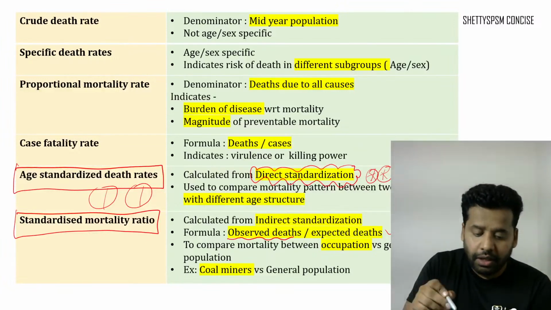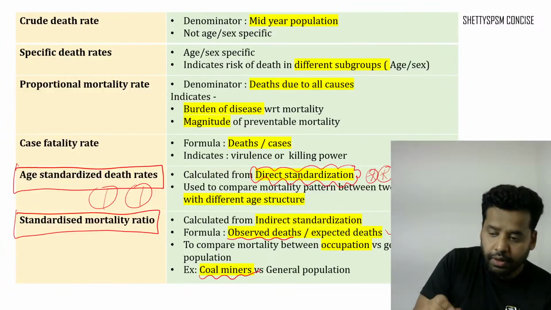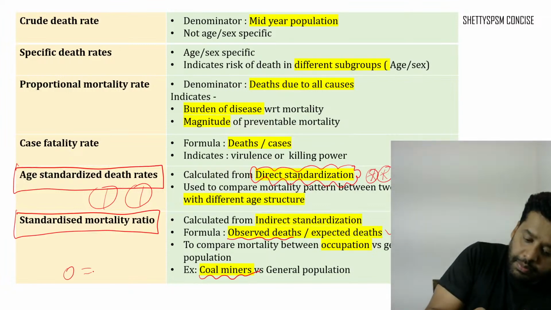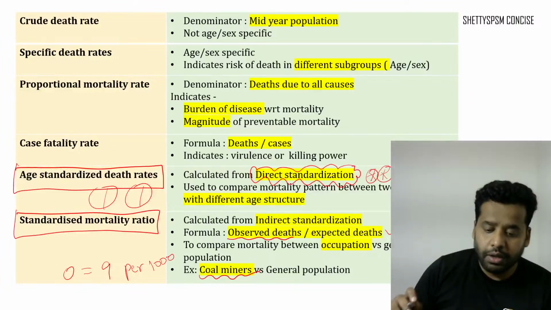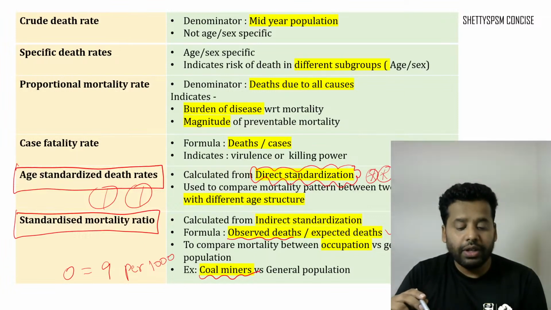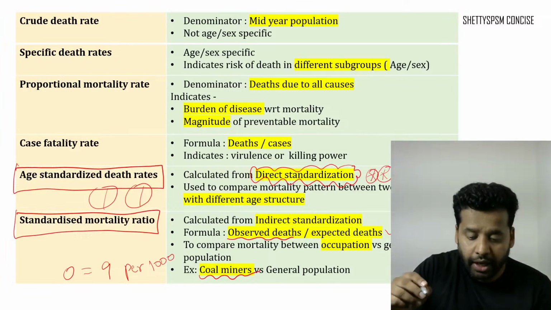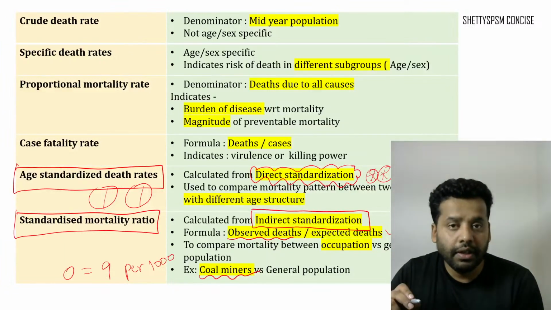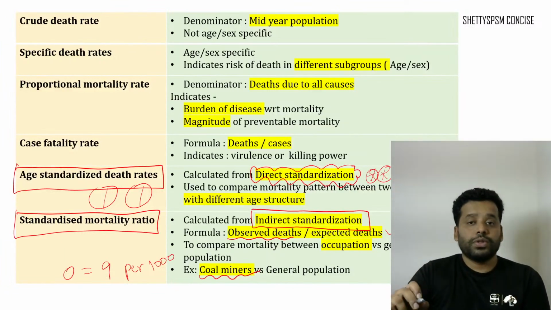Already observed deaths is given in the occupation. For example, coal miners will be the occupation. Observed deaths is given, for example, 9 per 1000. If I want to calculate expected deaths, I have to do indirect standardization. What am I supposed to do?